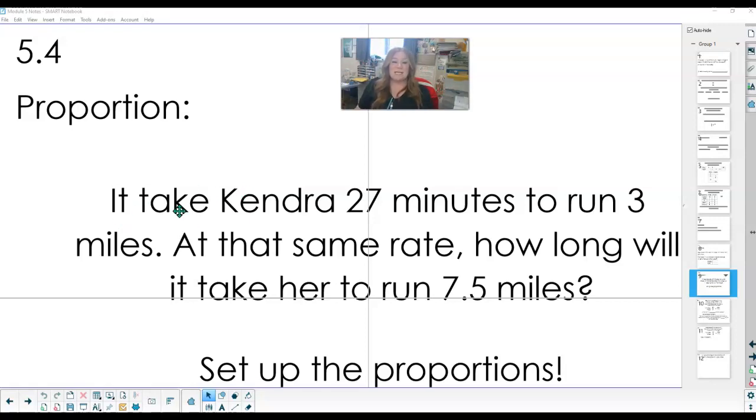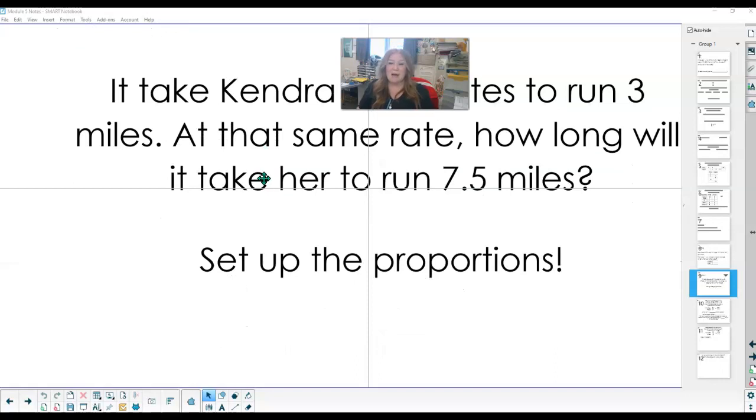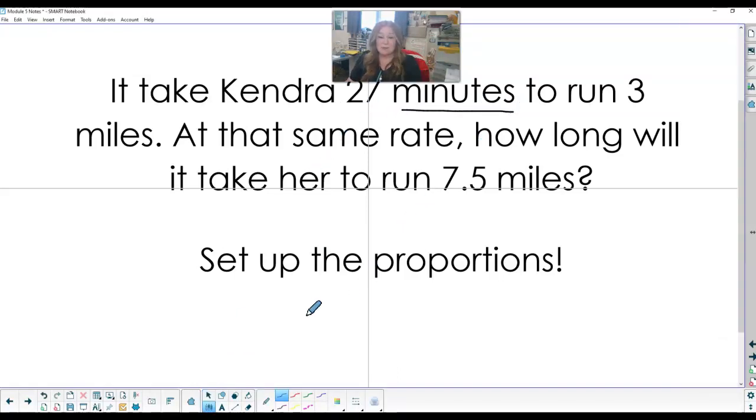So this one says that it takes Kendra 27 minutes to run 3 miles. At that same rate, how long will it take her to run 7.5? So what we want to do is set up our minutes and set up our miles. So here we can see minutes. I'm going to start with the minutes, so I'm going to make a label for minutes.